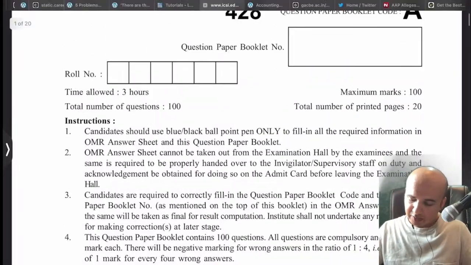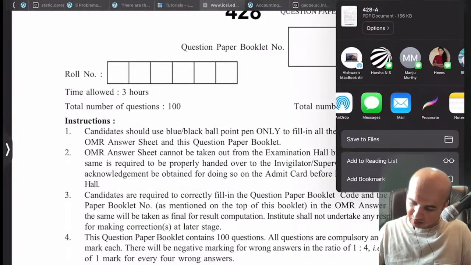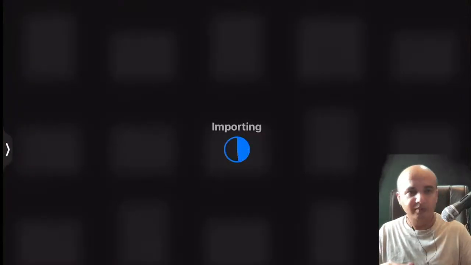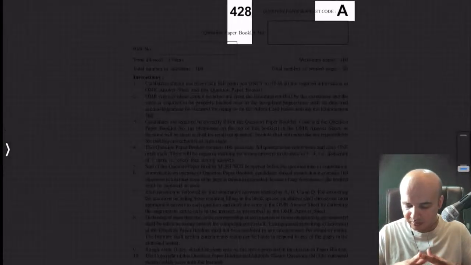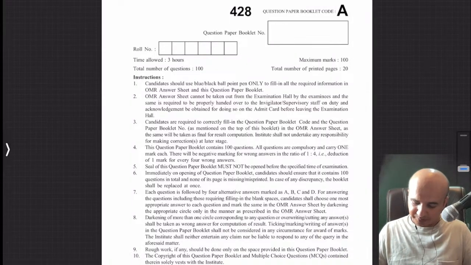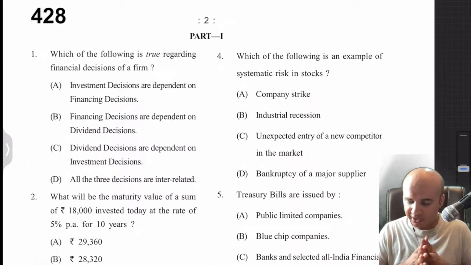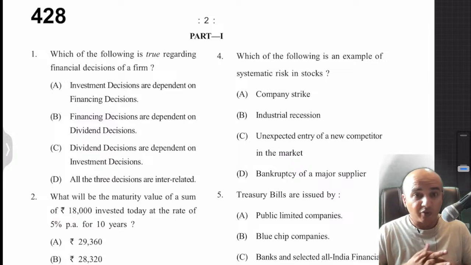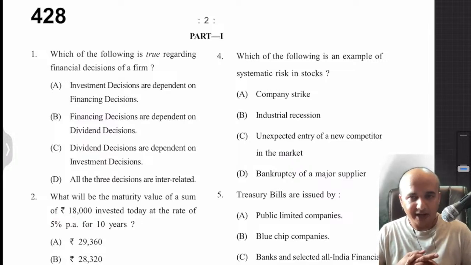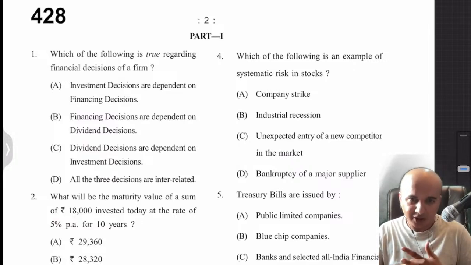So be careful while attempting the questions when you have negative marking. Now let me import this into a software first. Now let us look at a few of the questions here, because we won't be covering the entire paper today. This will be a shorter session.